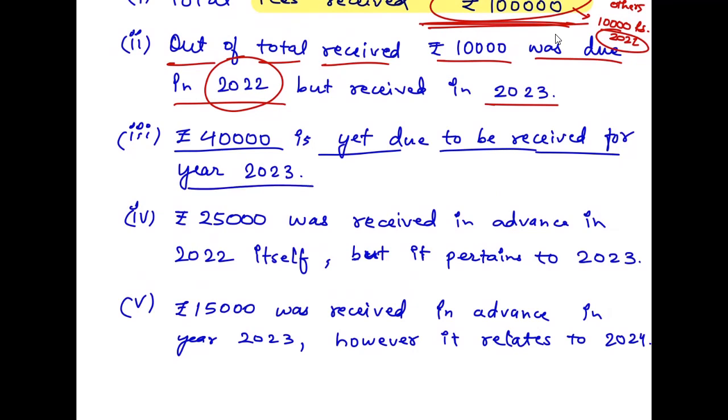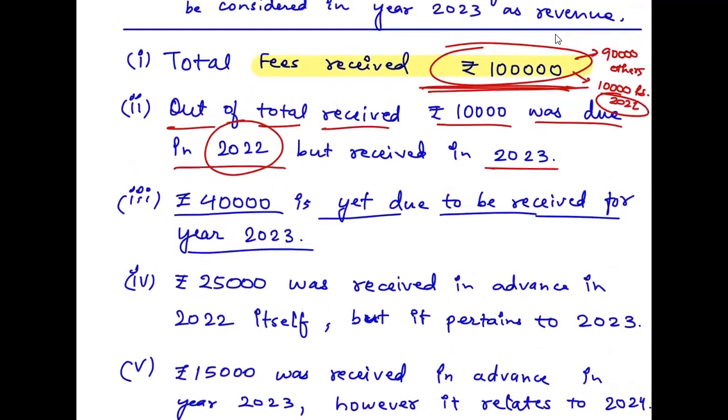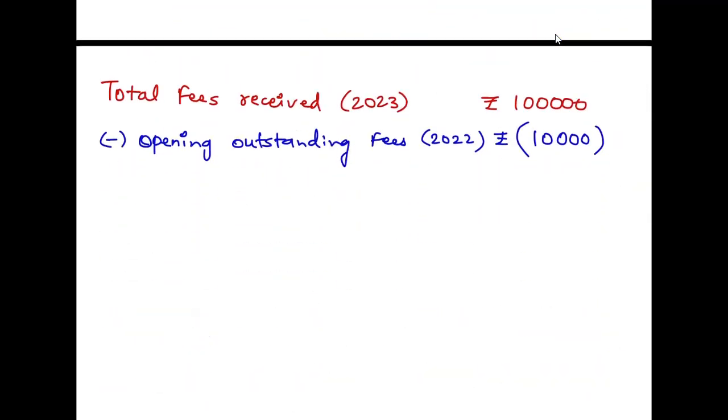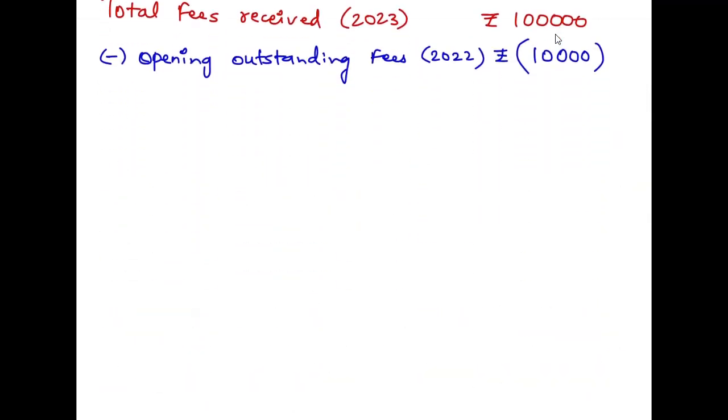So obviously it belongs to 2023, but it is not included in this 1 lakh because this 1 lakh represents only the fees which is received. So this 40,000 would not be included right now in this 1 lakh, but as it belongs to year 2023, we will include it for our accrual purposes.